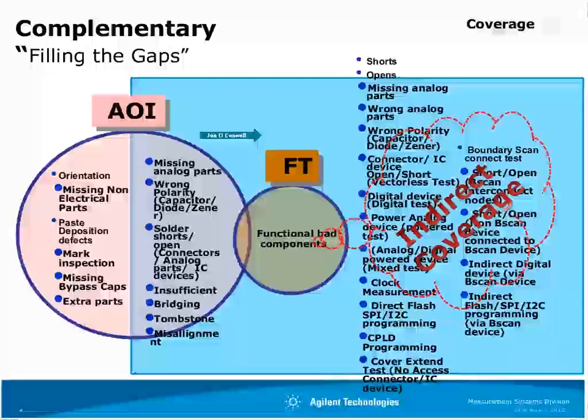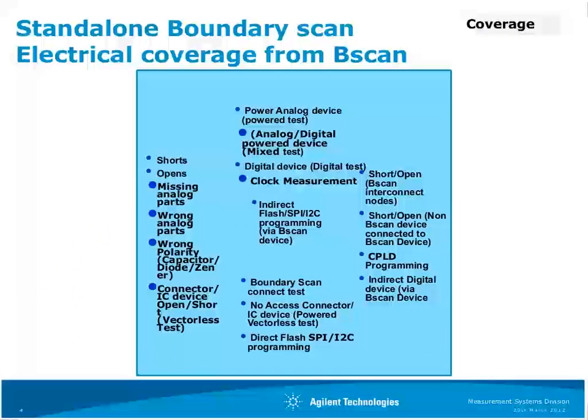Functional tests will provide us the confidence, but we leave a gap here where we're giving indirect or subjective coverage for functional tests. Sometimes we employ boundary scan techniques to give us that additional information.